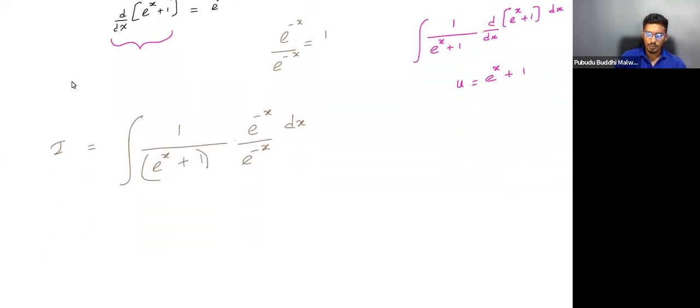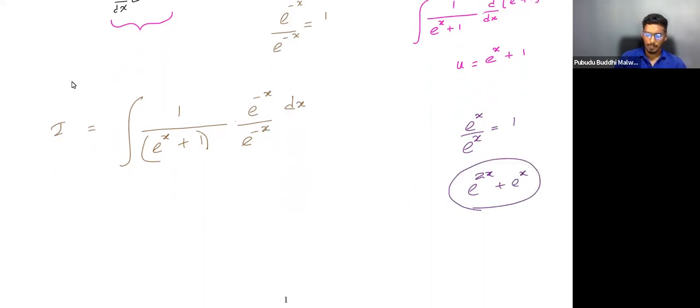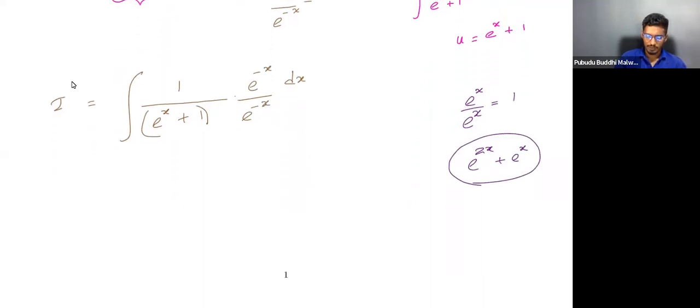That's why I picked exponential minus x, because if you multiply by exponential x over exponential x, basically you are changing the simplification of the denominator slightly differently. Then you will get exponential 2x plus exponential x for the denominator. That's not good. That's why we use this.